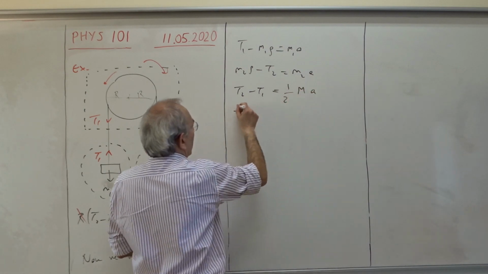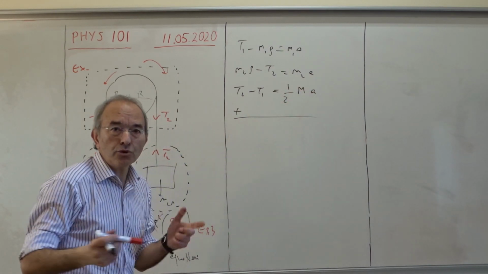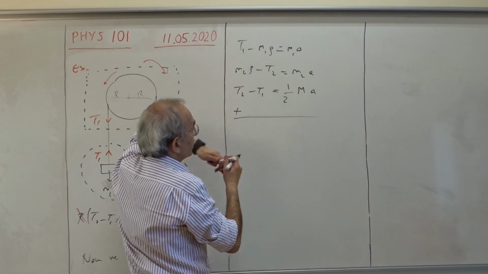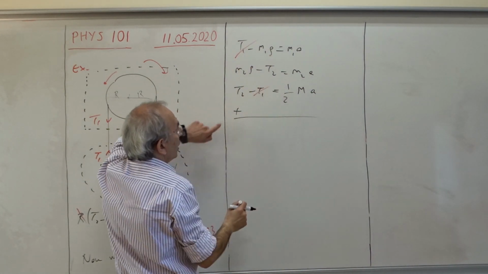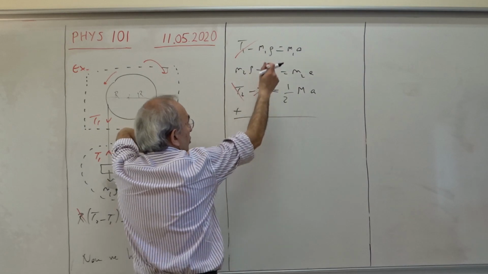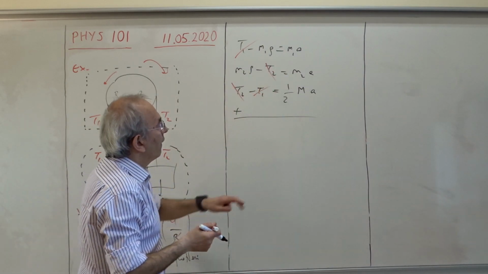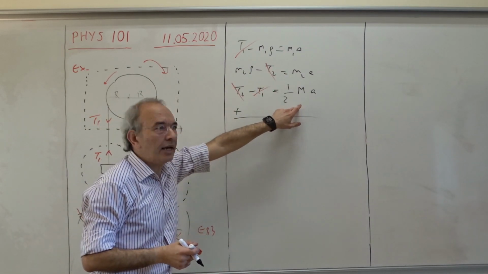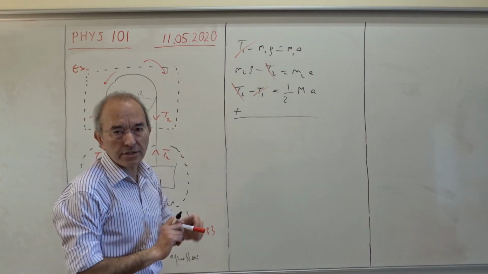If you add them up, what do we get? Plus T1 minus T1 will cancel. Plus T2 minus T2 will also cancel. So we have A's on one side and weights on the other side.